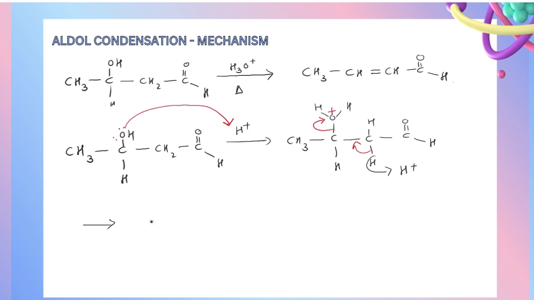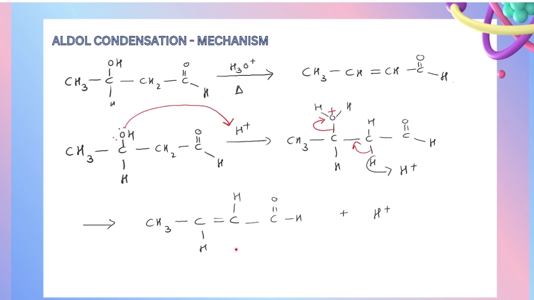So what are we going to get now? You see, there is a double bond. A pi bond is being formed like this. What about this? The H plus is regenerated, whatever H plus is used, and it is always in a forward direction because the reaction is done at a high temperature.